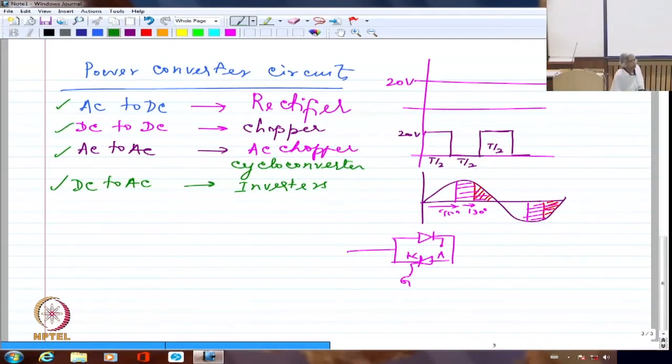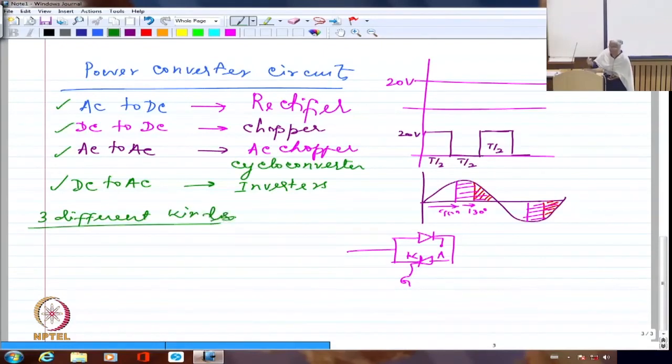Okay? So we will start this course with the devices first, because you guys have not really studied devices except the physics of the device as such. We will be talking about three different kinds of devices. One is completely uncontrolled: uncontrolled devices, diode.